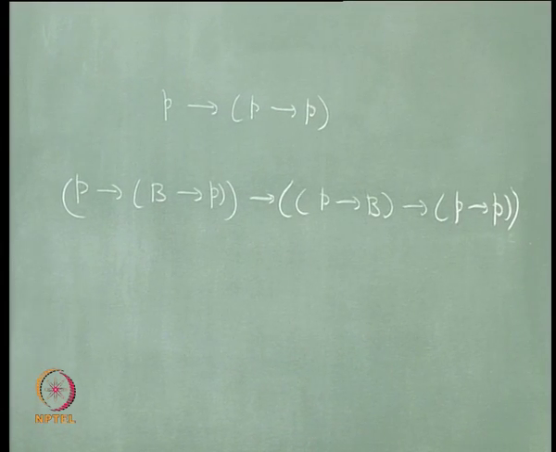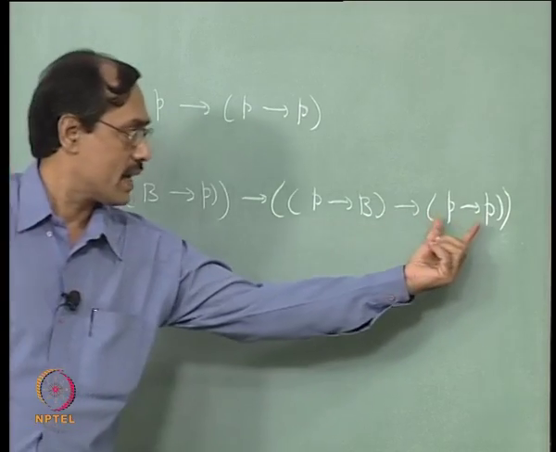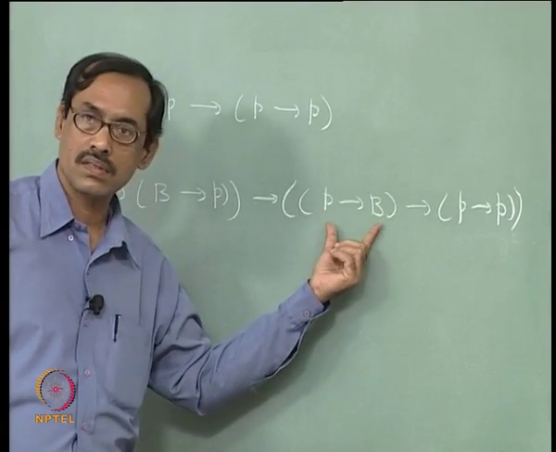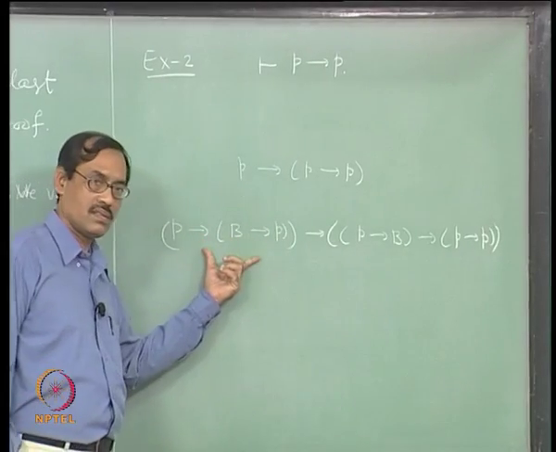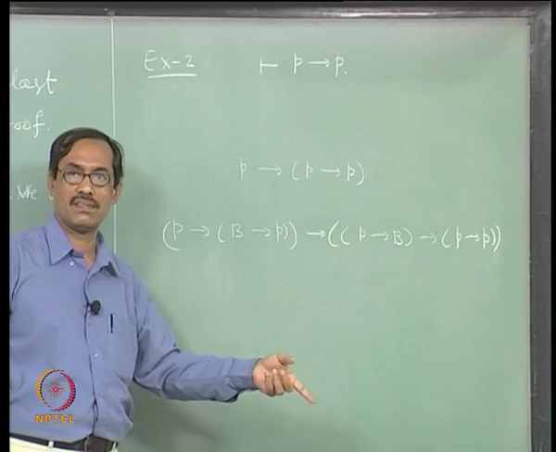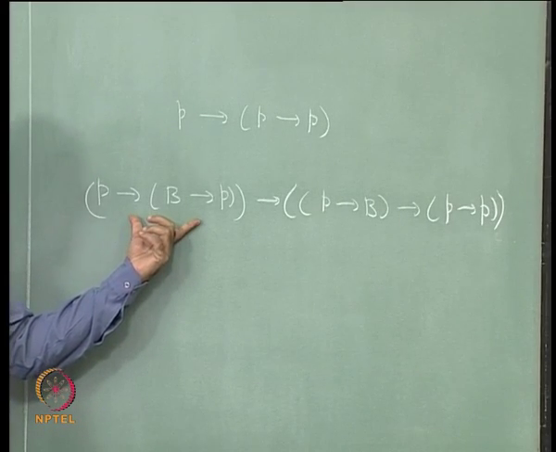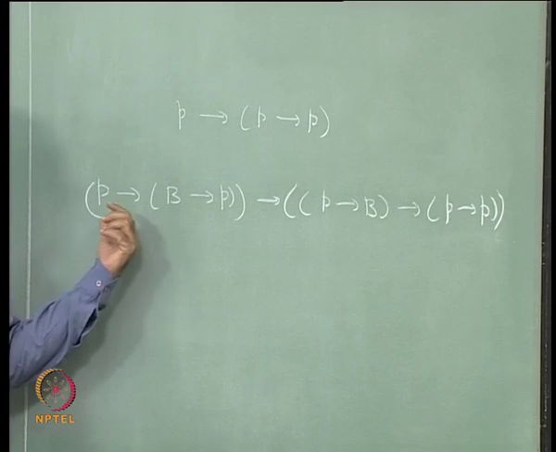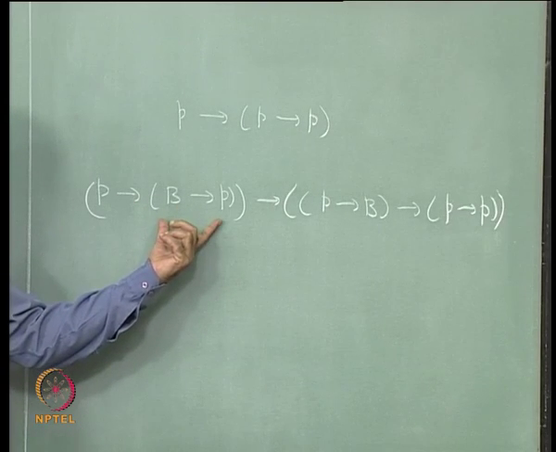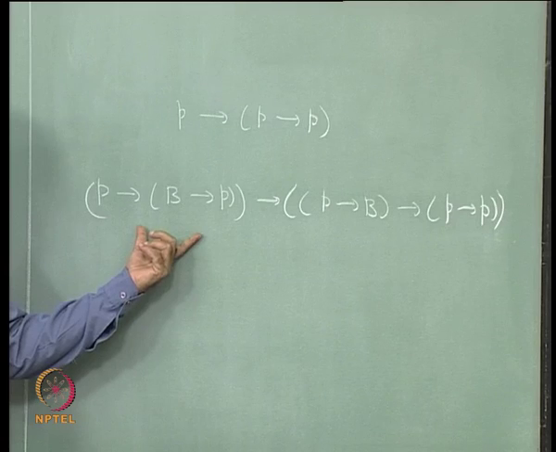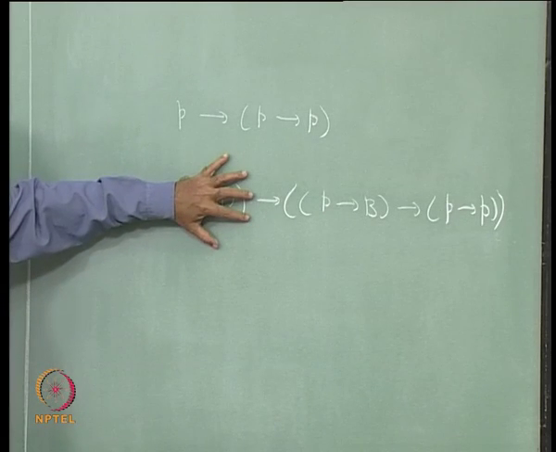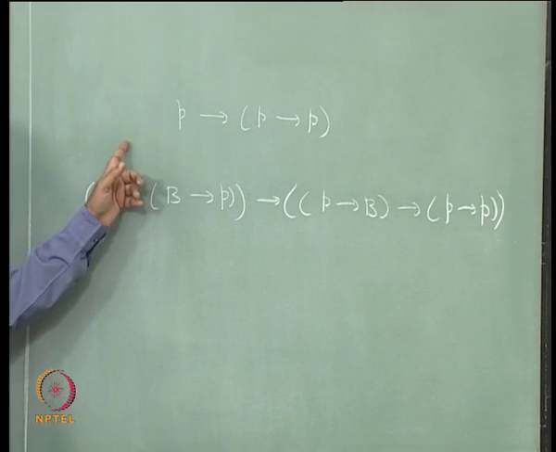Now, in order to get it, I apply MP twice. This I can get, this is A1: P implies (B implies P). So, I can eliminate this portion by introducing A1 before it.